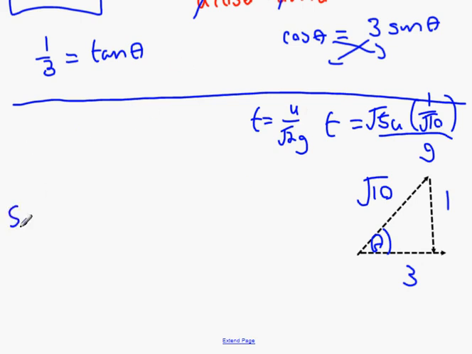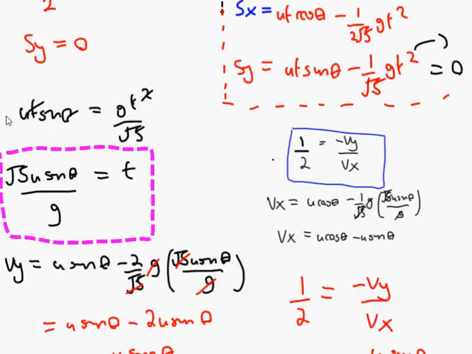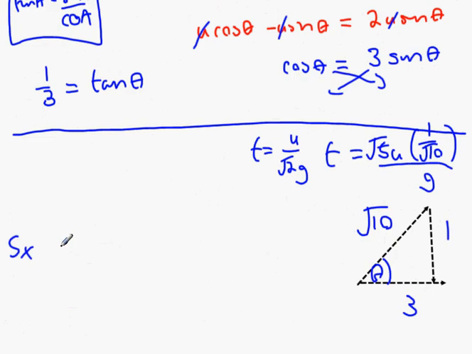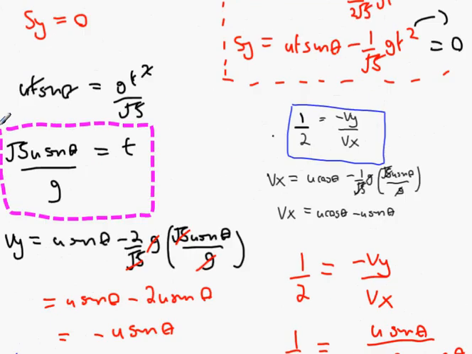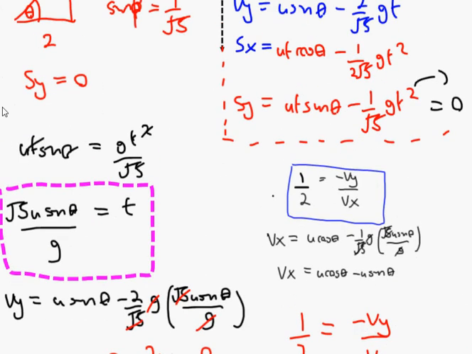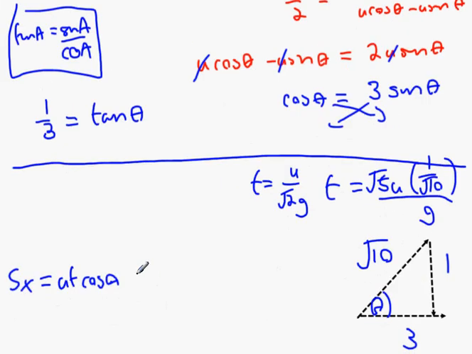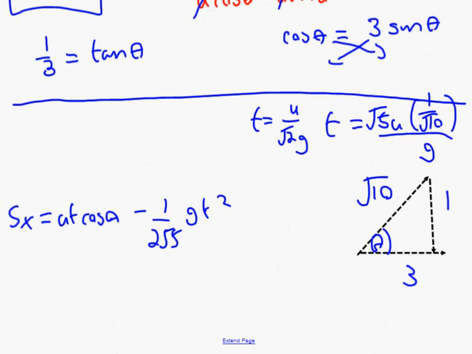The Sx equation is going to be u t cos theta. What's cos theta, guys? Cos theta is 3 over root 10. I'll put that in a second actually. And it's going to be minus 2 over root 5 g t squared. Now, all we got to do is fill in numbers this time around.